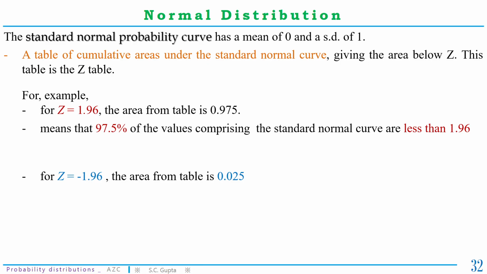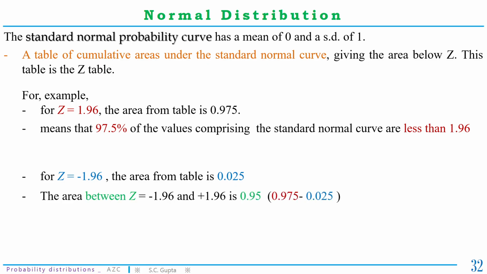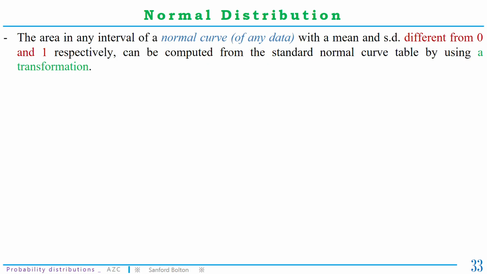For z equal to 1.96, the area from the table is 0.975. For z equal to minus 1.96, it is 0.025. So, the area between z equal to minus 1.96 and plus 1.96 is 0.95.